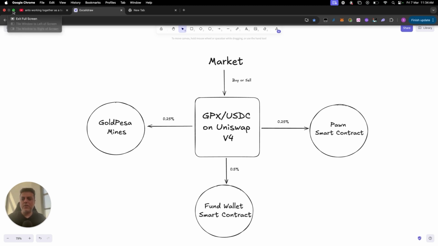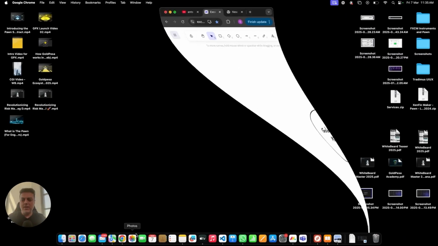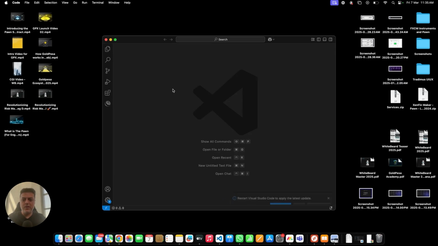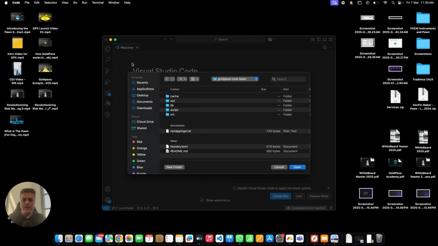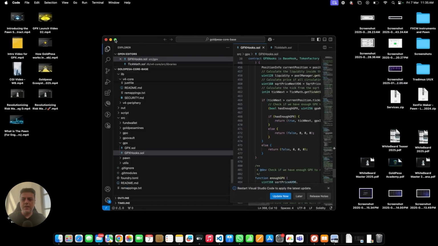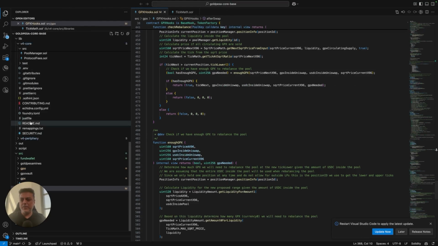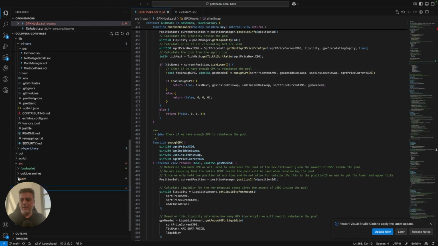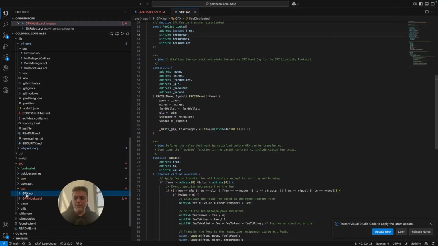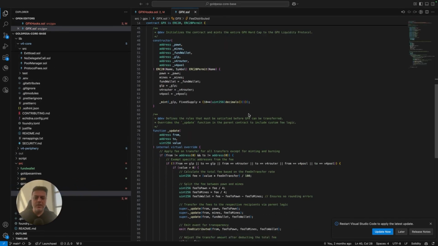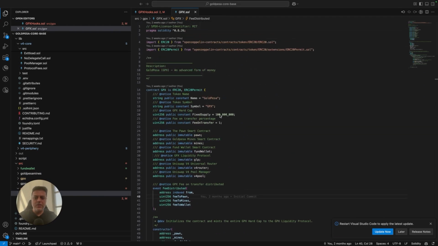So with this model, if we just focus on the GPX, the main GoldPesa token, we can open up a new window and go to the GoldPesa smart contracts, which are in Core on Base. Inside our GPX diagram, we have a GPX smart contract, and we can see that it is hard-coded with a 100 million token hard cap and a 1% fee on transfer.